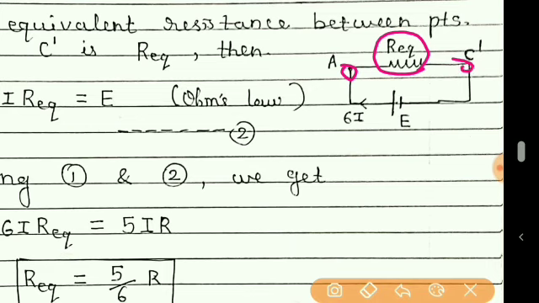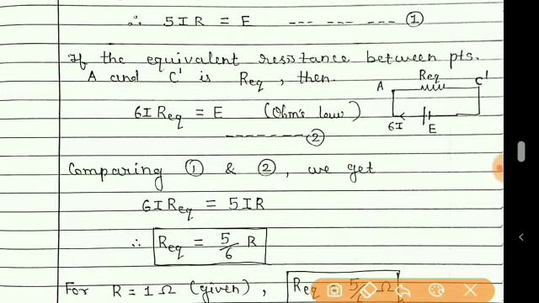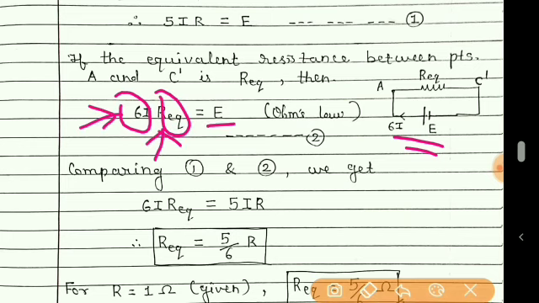Now students, remember what was the current from the battery or a cell? We have taken that as 6I, and resistance here is REQ, battery is E. So using Ohm's law to this circuit, we can write current into resistance. Current is 6I and resistance is REQ is equal to epsilon.